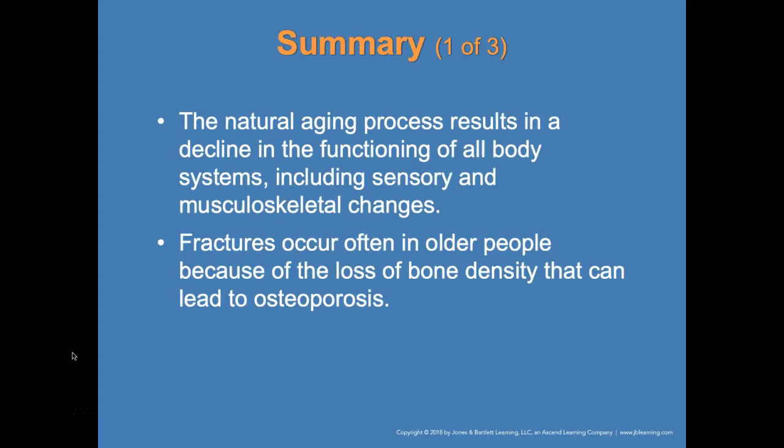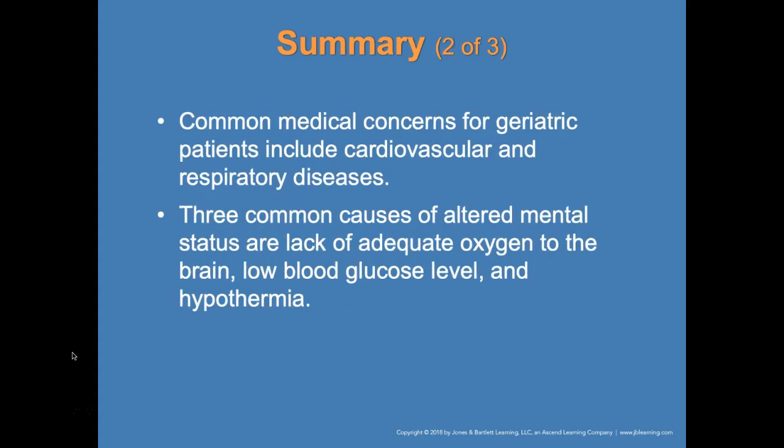Summary. So remember that aging is a natural process, resulting in decline of the function of all body systems, including sensory and musculoskeletal changes. Fractures occur in older people because of loss of bone density that can lead to osteoporosis. Common medical concerns for geriatric patients include cardiovascular and respiratory diseases.